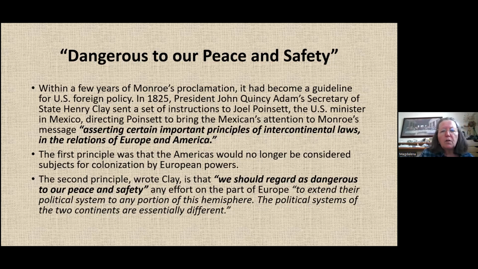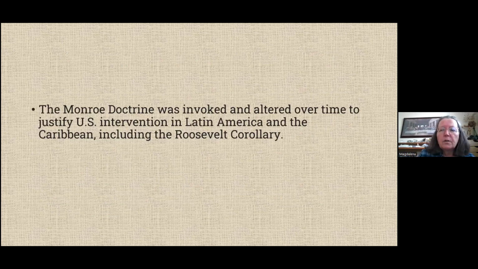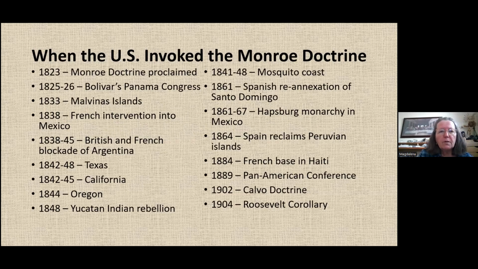So the Monroe Doctrine was invoked and altered over time to justify US intervention in Latin America and the Caribbean, including the Roosevelt Corollary. So the original Monroe Doctrine is not at all the way it's being used today. So these are some of the years when the US invoked the Monroe Doctrine, okay?